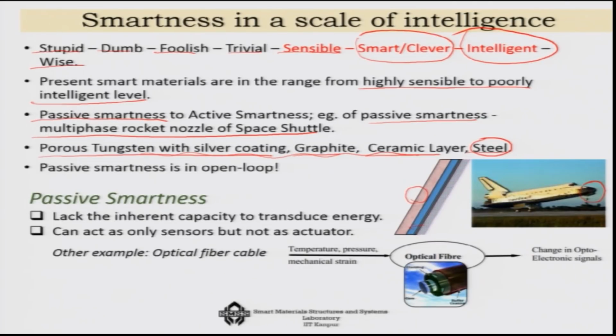So, this is a sensible design, where you have thought about what different levels of temperature and pressure the space shuttle will undergo as it is going or coming back to earth, and you have designed a structure beforehand thinking of all these various possibilities. However, the problem is that this is an open loop structure.